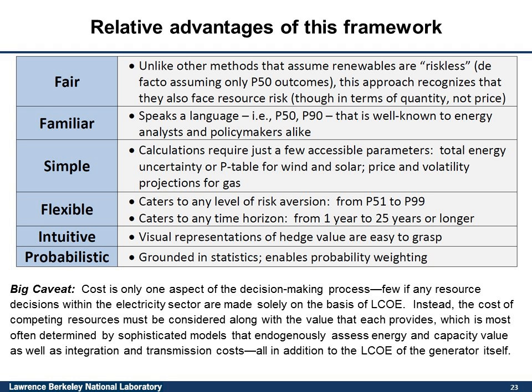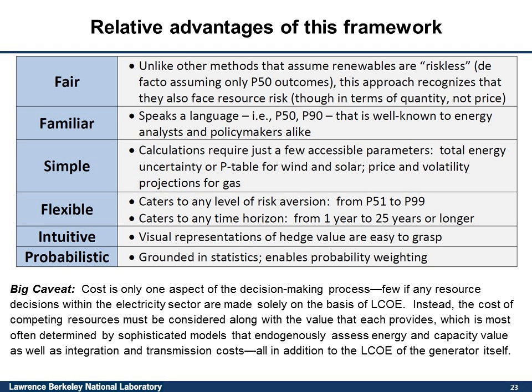I at least have found it to be fairly intuitive, particularly once I've wrapped my head around and gotten beyond the basic statistical concepts. And finally, its probabilistic nature enables probability weighting of a range of outcomes.